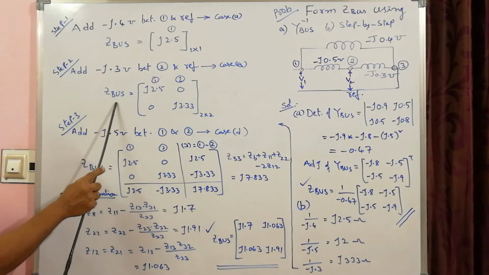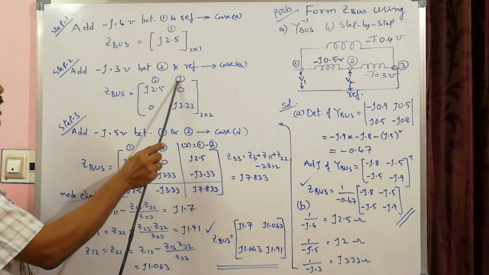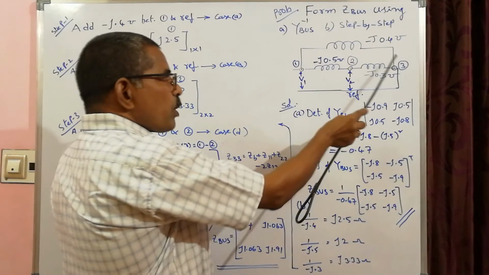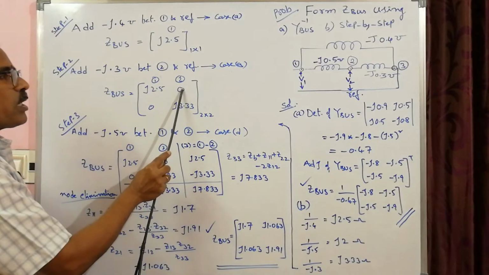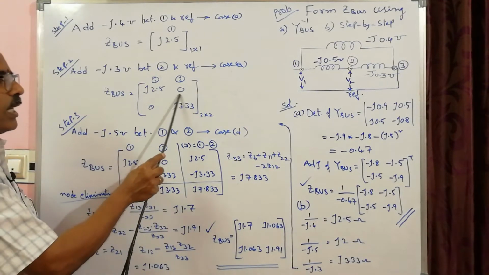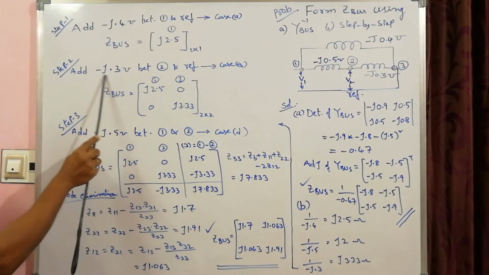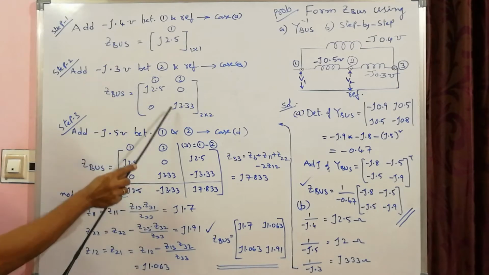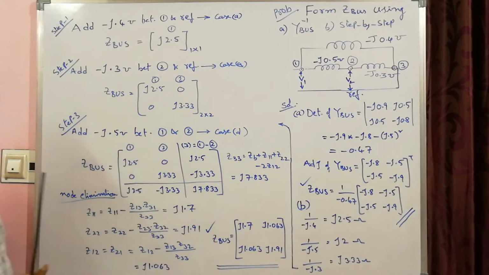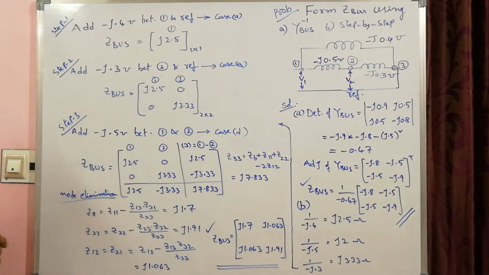So, for Z bus, you need to retain this as it is, and you are including the second bus, which is between the second bus and reference. So, this element is 0, obviously this is also 0, and this is ZB. What is ZB? The ohms corresponding to this is J 3.333, that is this. So, in step 2 I am getting Z bus like this.